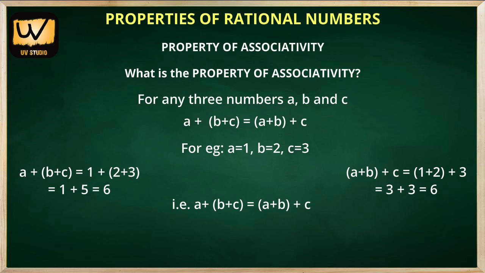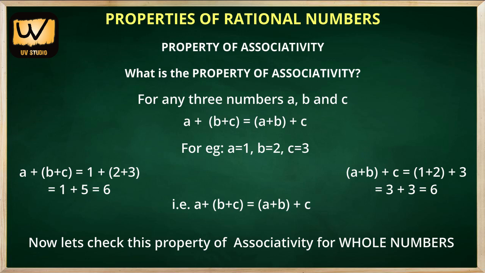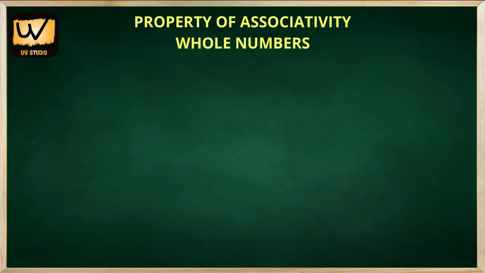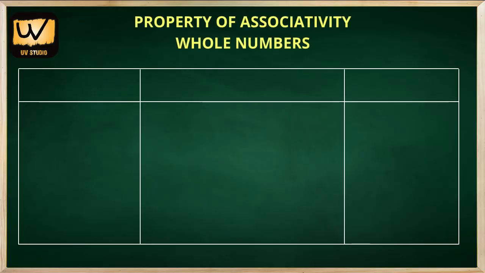So if you have understood the property of associativity, let's check this property of associativity for the first type of numbers. They are whole numbers. And here is the table that we all are familiar with.